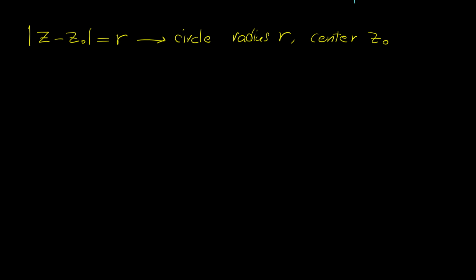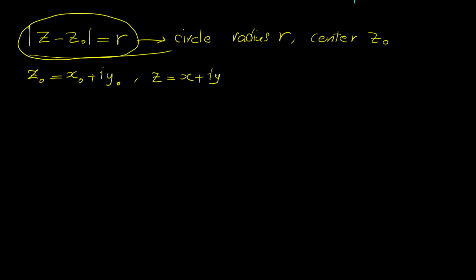Let us start with the definition of absolute or modulus of z minus z0. z0 is a complex number, so we can suppose z0 is basically x0 plus iy0. And we can suppose z, which is a complex number in general form, is x plus iy.